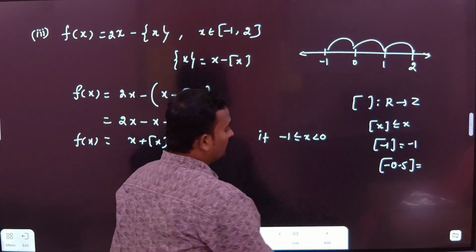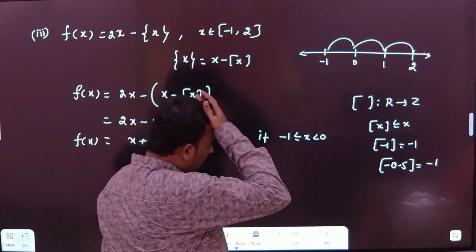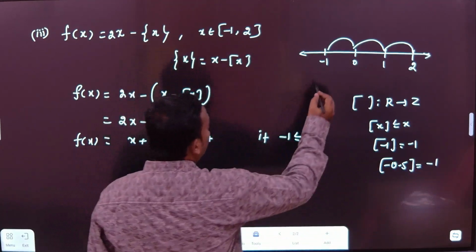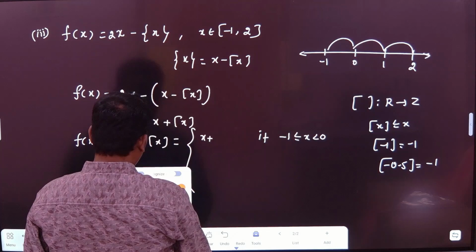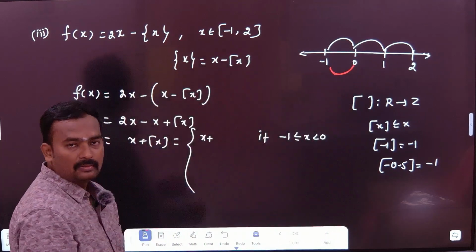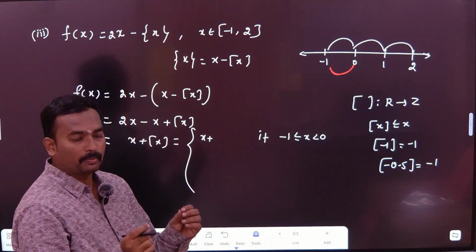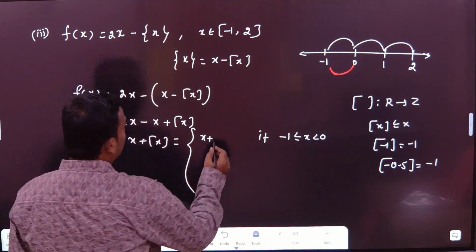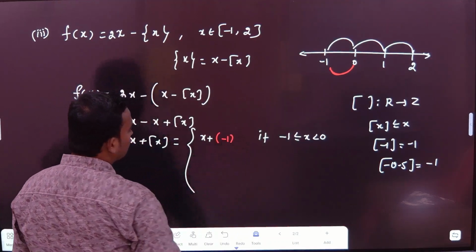Which one is possible? Minus 1, right? So in this interval, for any value you take, the greatest integer value will be minus 1. So you can write minus 1.